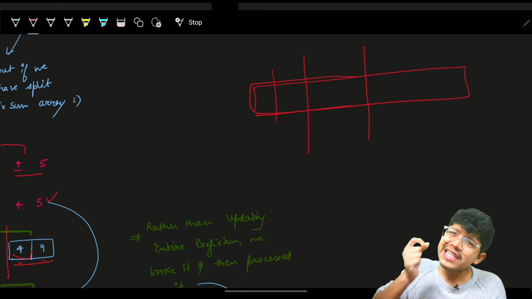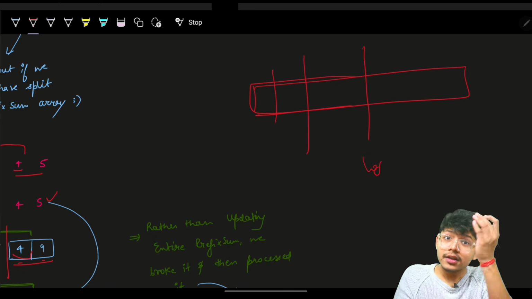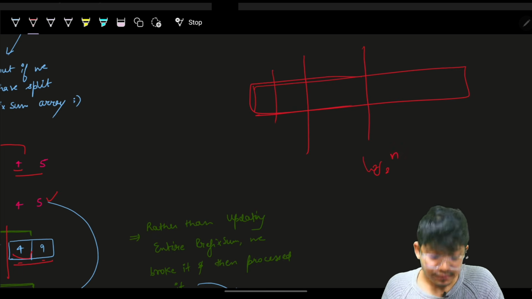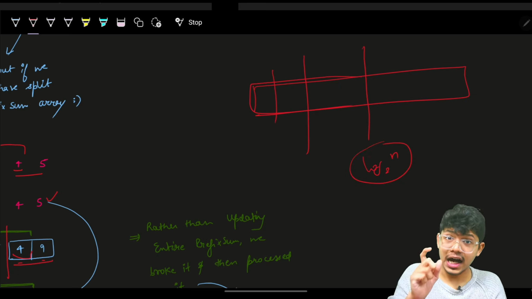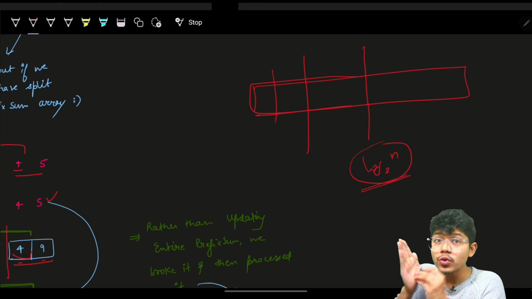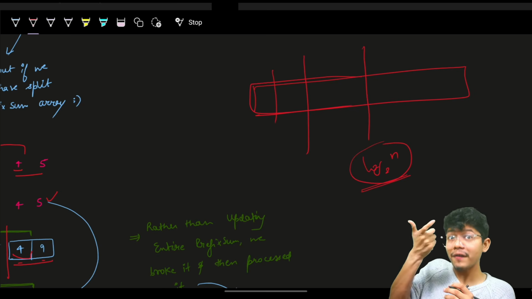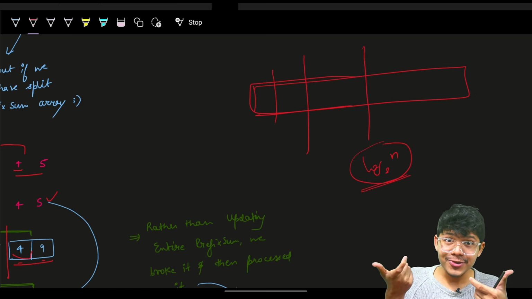Why do people always keep on breaking in half? Because half is actually nothing but a base 2 operation. So if I just break anything in half, I know for sure that ultimately I will require log n to the base 2 number of operations, and that is I reduce my complexity from O of n to O of log n to the base 2.